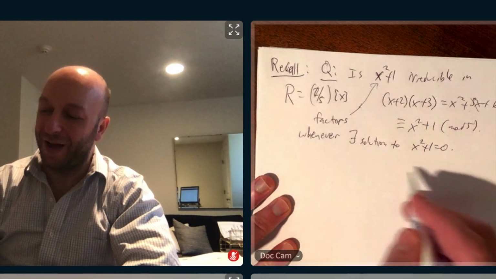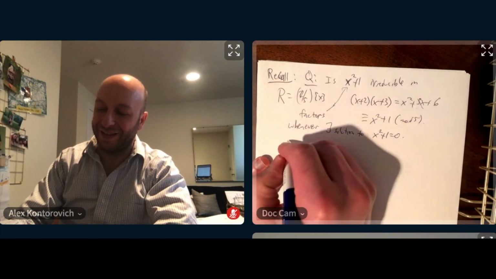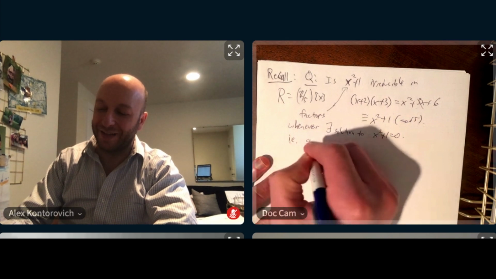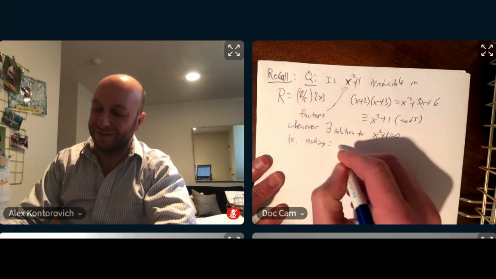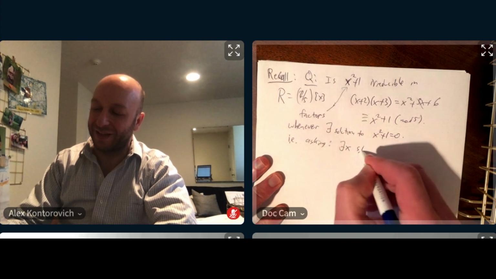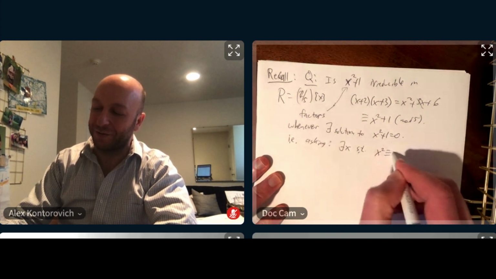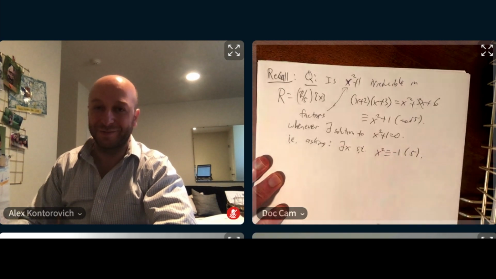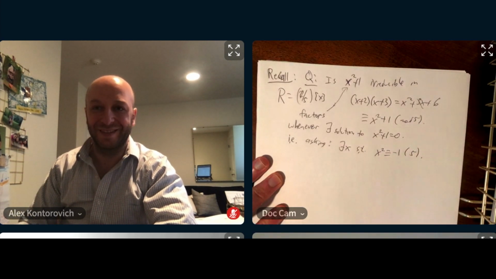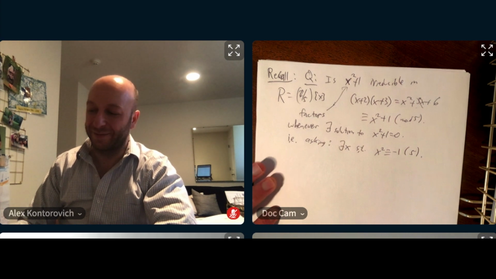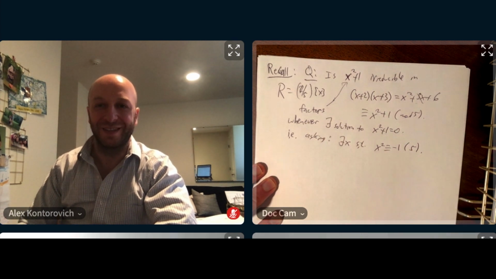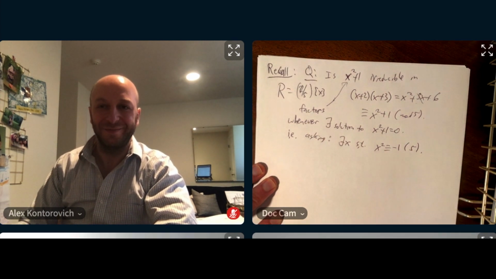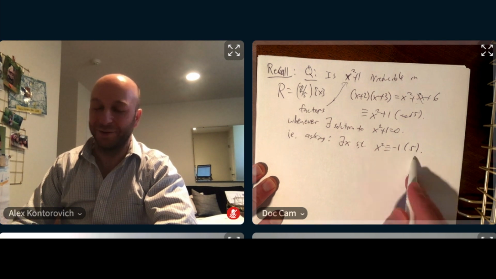Well, we're asking, does there exist an x such that x squared is congruent to negative 1 mod 5? Because whether there's a root in Z mod 5 is exactly the question of whether this thing has a solution.